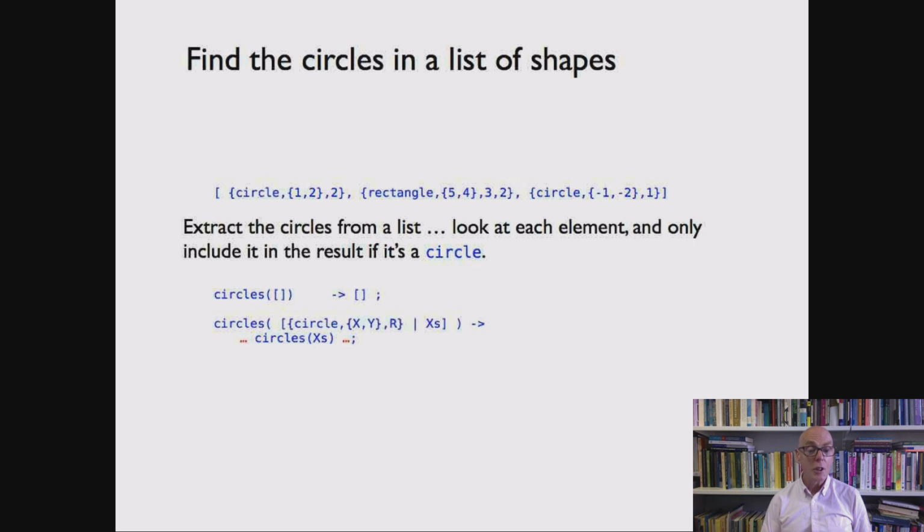So we're going to have to change our pattern and say, well, if it is a circle, then it becomes the first element of our answer, and the rest is circles of x's. If it's anything else, if it's a rectangle, then it doesn't get included. So we just answer circles of x's.